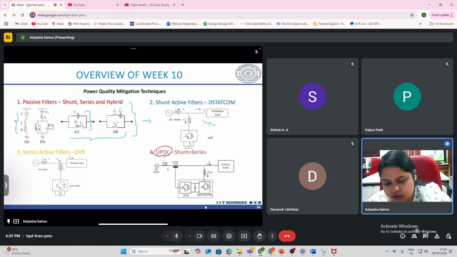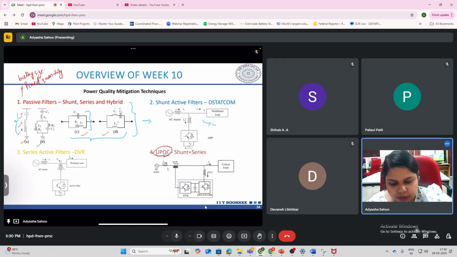In the passive one, you have the passive elements RLC, which can be connected in shunt, in series, or in a combination of shunt and series. The main disadvantages are their bulky size, and they are also fixed quantities. They cannot adapt according to the system.